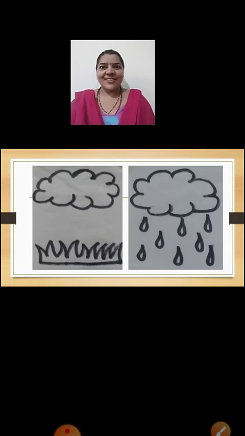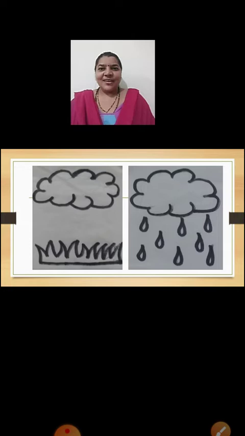What you all can see, children, here? Yes, we can see cloud and yes. Which season is going on now? Rainy season. So in the picture which is to your right hand side, we can see it's raining.